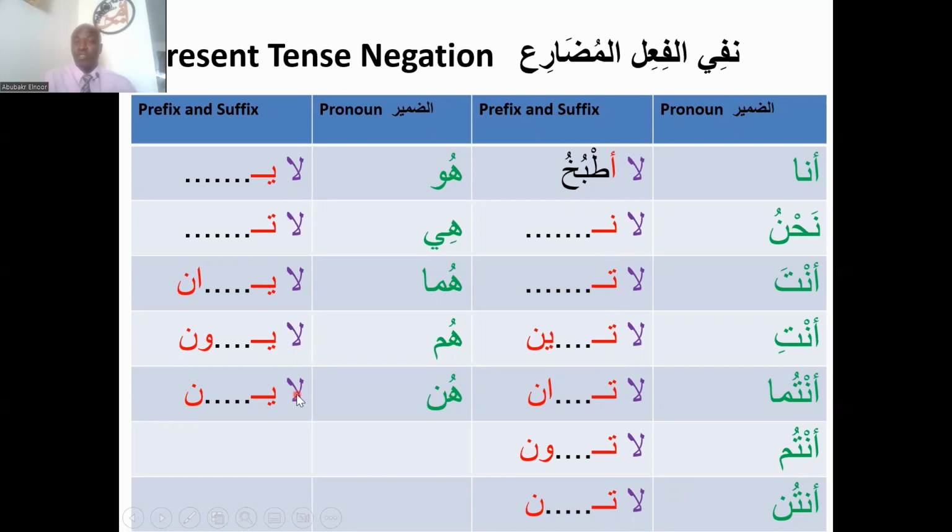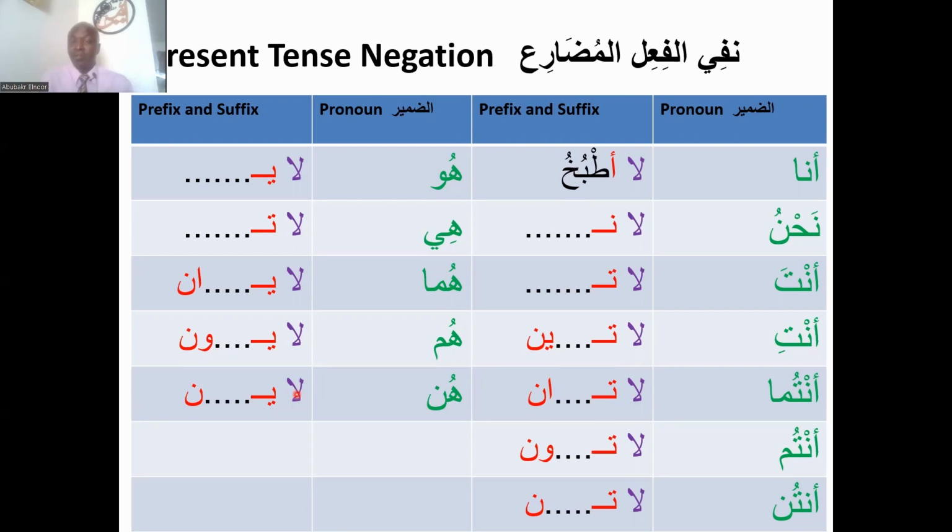So not much is required here, but the only thing that I highly suggest you master is the present tense conjugation. The present tense is the fulcrum. It is the center of learning the Arabic language. If you don't know the present tense, everything else will fall apart.